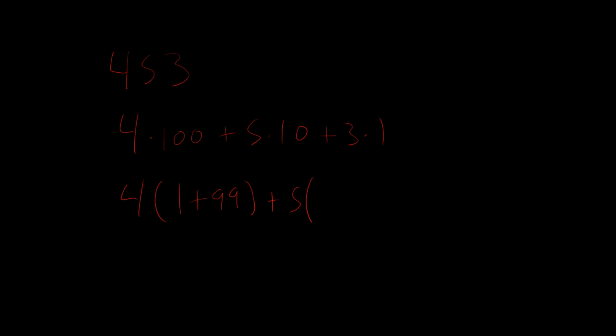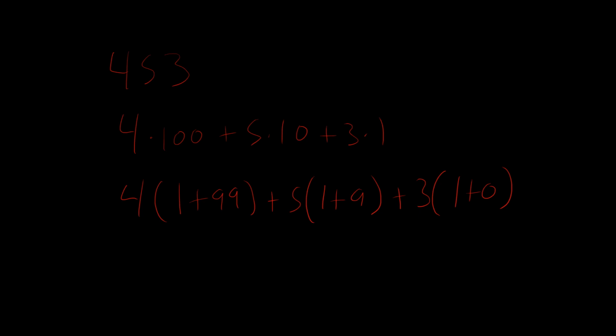Well, funny thing happens. You know how you can add a multiple of 9 and it doesn't change the divisibility, or you could subtract a multiple of 9 and it doesn't affect the divisibility? So what number did we have? 453, right? And that is 4 times 100 plus 5 times 10 plus 3 times 1, which could be rewritten as 4 times (1 plus 99) plus 5 times (1 plus 9) plus 3 times (1 plus 0).